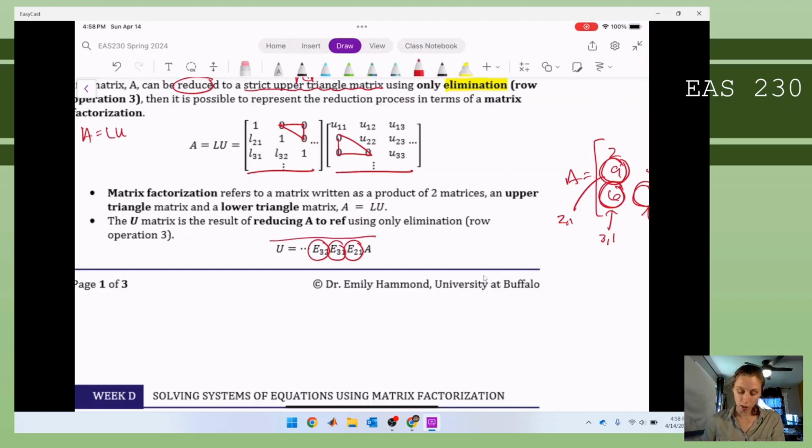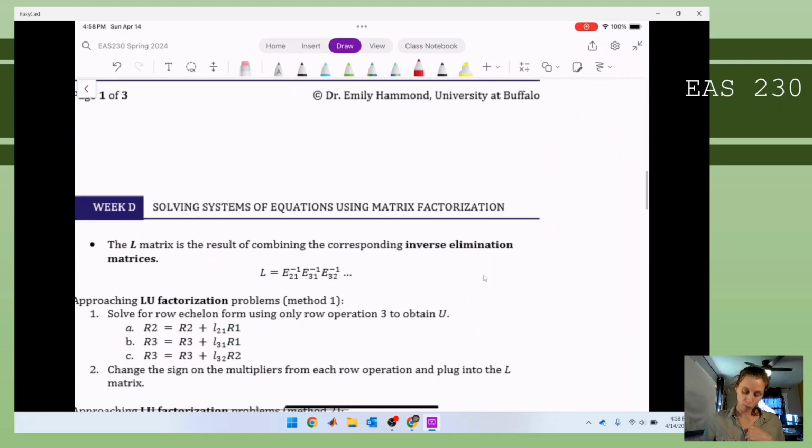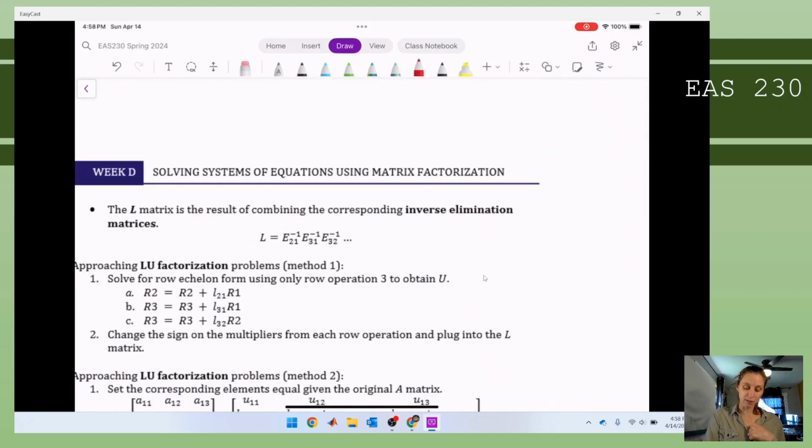So here is U. That's REF. That's how I can get to REF, using 3 elimination steps represented by 3 elimination matrices. The L matrix then ends up being the inverses of these 3 matrices: the inverse of E21, the inverse of E31, and the inverse of E32.